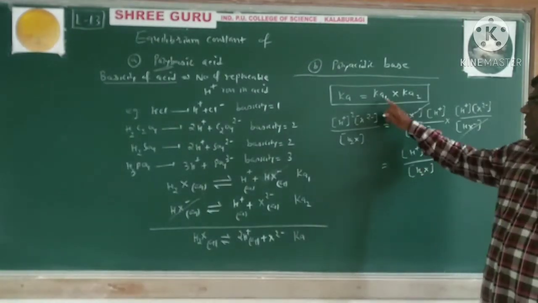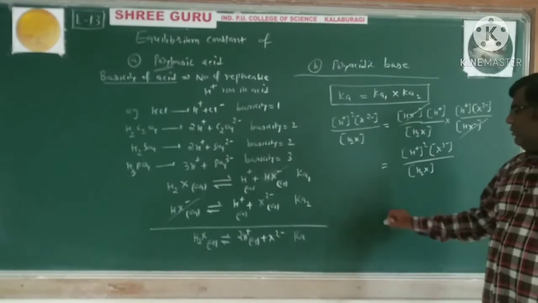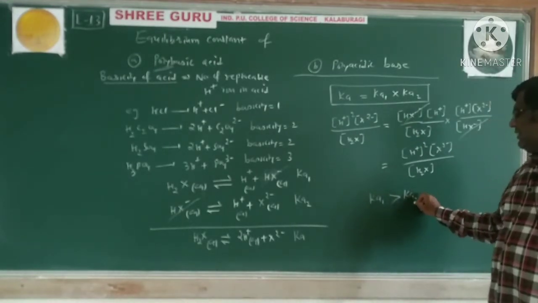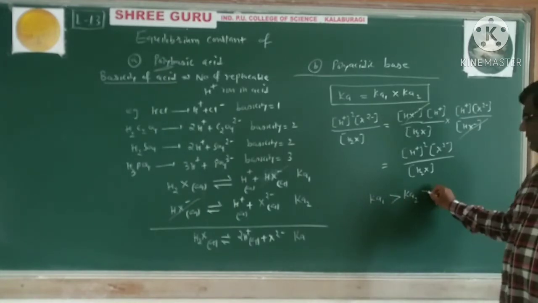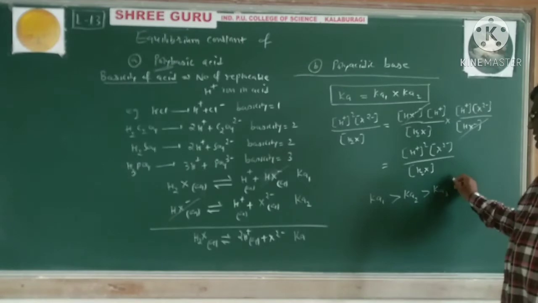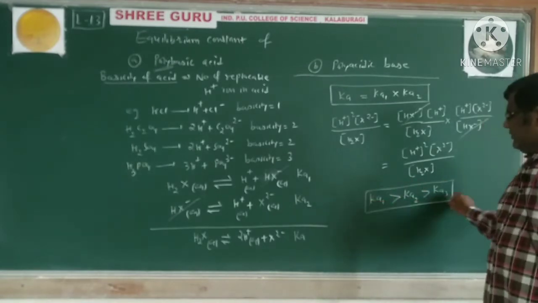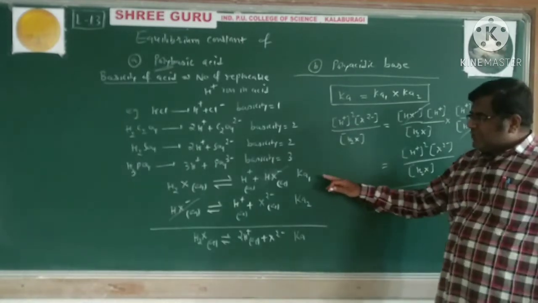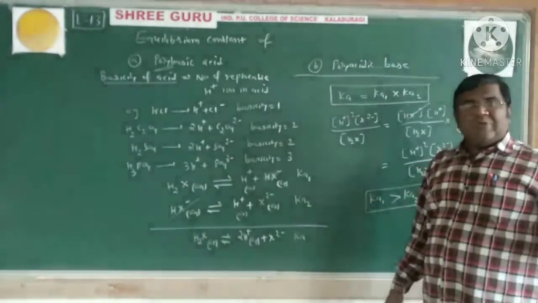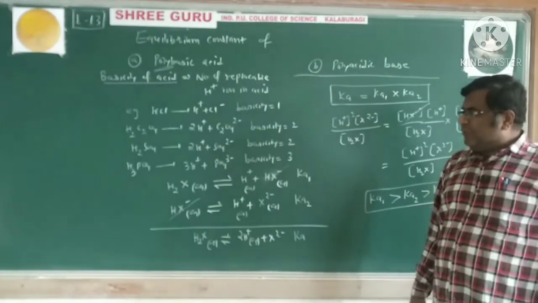Now, if we compare K1 and K2, we always find that K1 is greater than K2, and if it is a tribasic acid, it is greater than K3 also. It means the dissociation constant decreases as more and more H plus ions are removed. Why is it so?